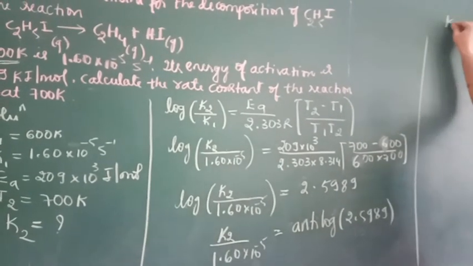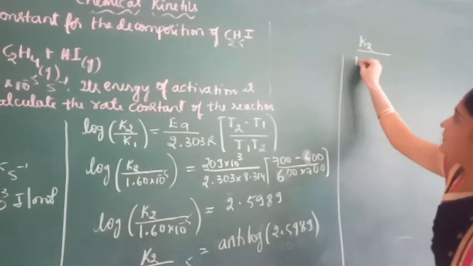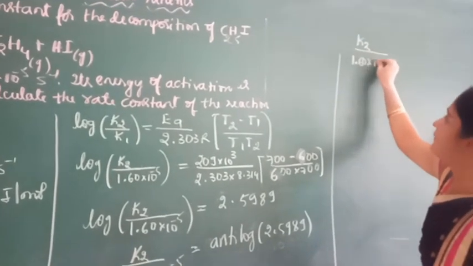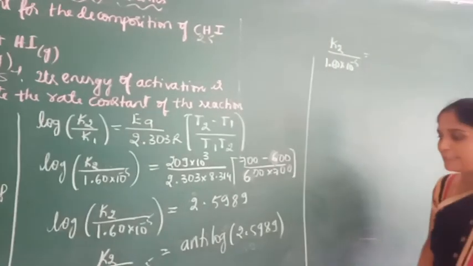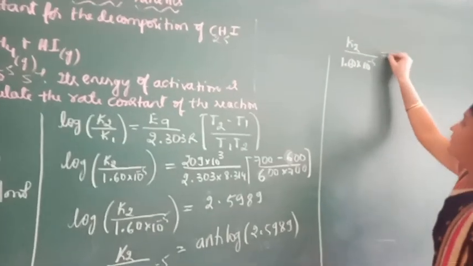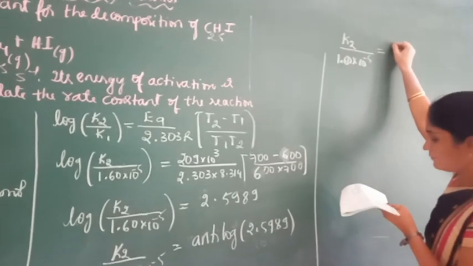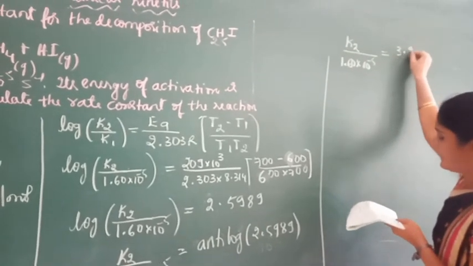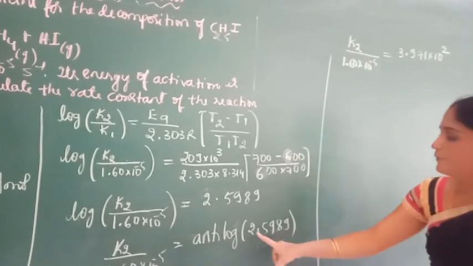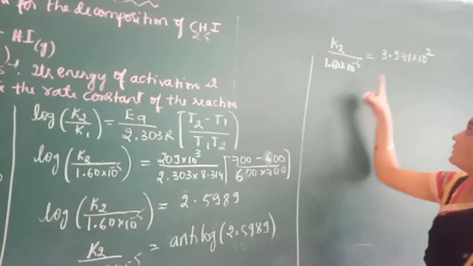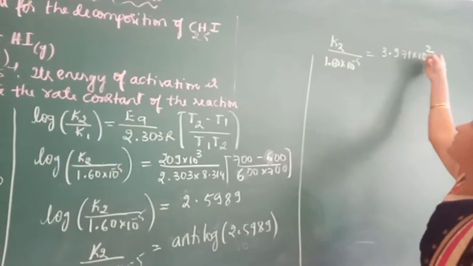Therefore K2 divided by 1.60 into 10 power minus 5 equals the anti-log of 2.5989. The anti-log of 2.5989 value is 3.971 into 10 power 2.